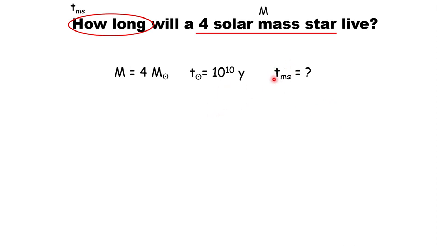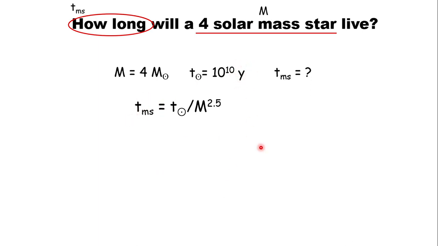We're trying to find t ms. What formula do we have for t ms that involves M and the main sequence lifetime of the sun? This is our formula. t ms equals the main sequence lifetime of the sun divided by the mass of the star to the exponent 2.5. Now remember, you could then write out your equal signs in a line here and put down your units for your answer, which will be in years.